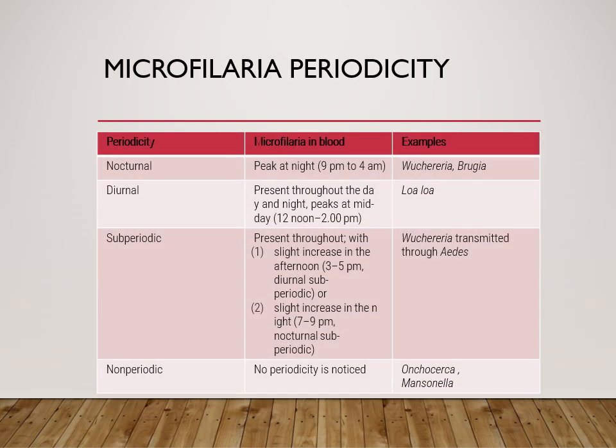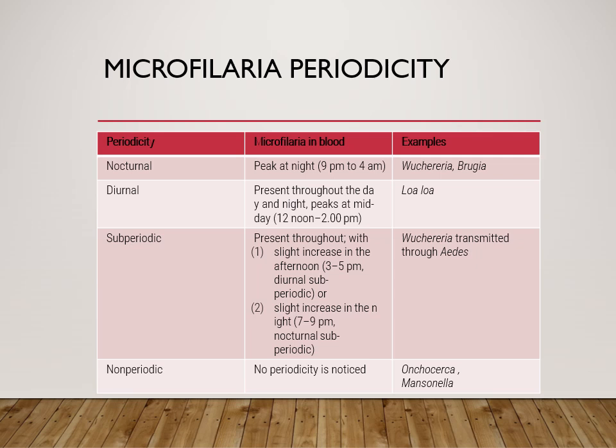Now this microfilaria is normally not always present in the blood. Basically the microfilaria, which is the L1 larva, is present in the blood circulation, but not always. So there is a timing, periodicity, meaning there is a time when it will be present in the blood. So there is nocturnal or diurnal, subperiodic or non-periodic.